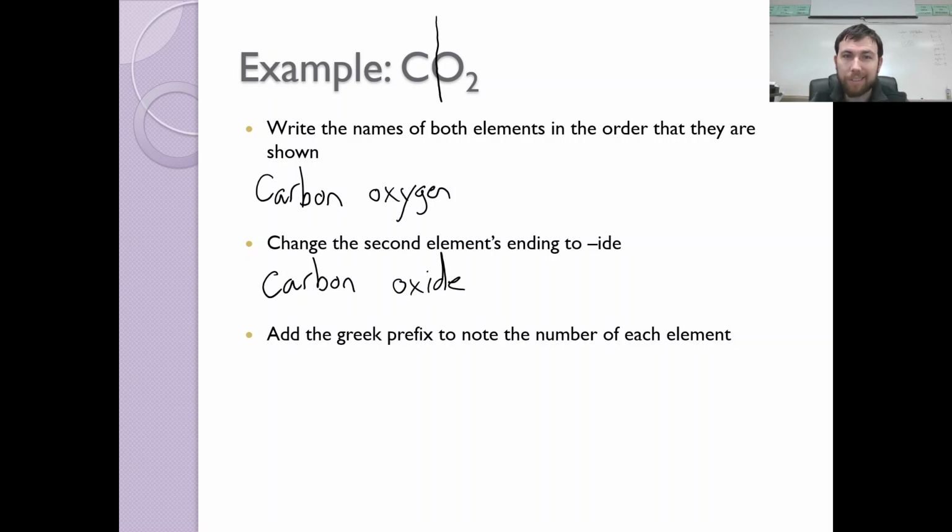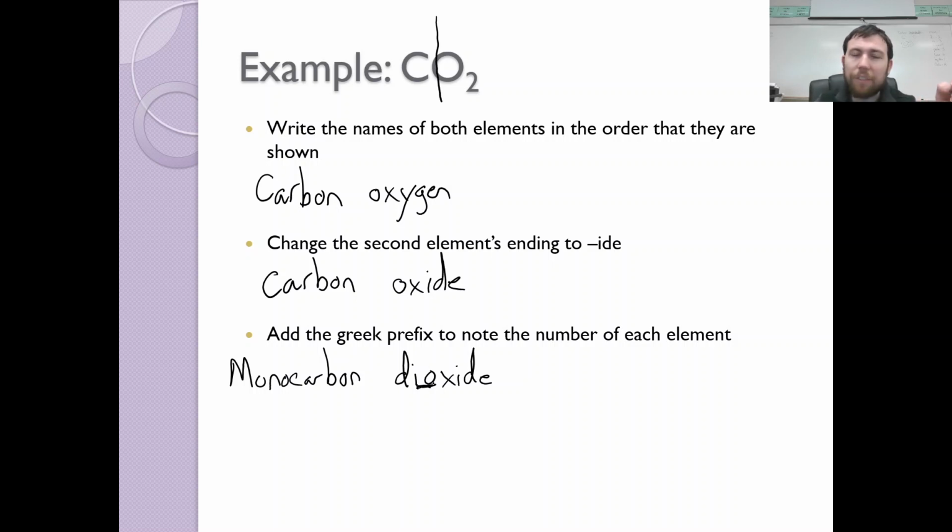Add our Greek prefixes. Now here we have a difference. We've got one carbon, so it's going to be monocarbon. We got two oxygens, so that means dioxide. Now notice here we did include the two vowels. The two vowel thing like we saw with, I believe it was the monoxide.